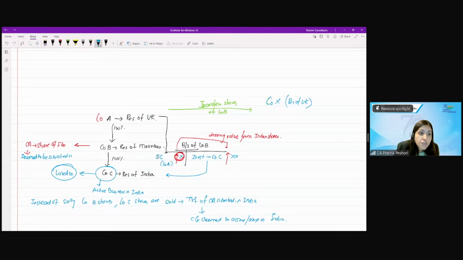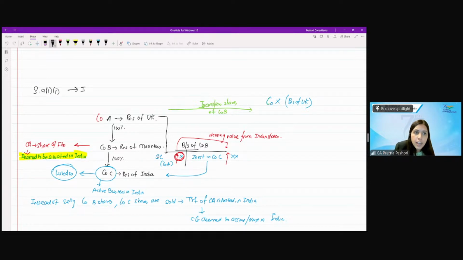So they are shifting the situs of the share of the foreign company and saying that this is deemed to be situated in India. If they say that, what will happen? Section 9(1)(i) will get triggered. What was 9(1)(i)?